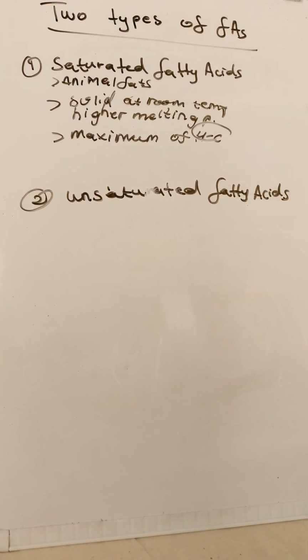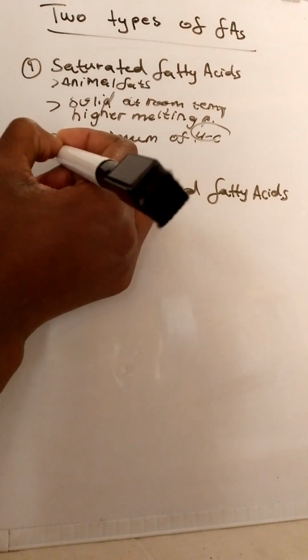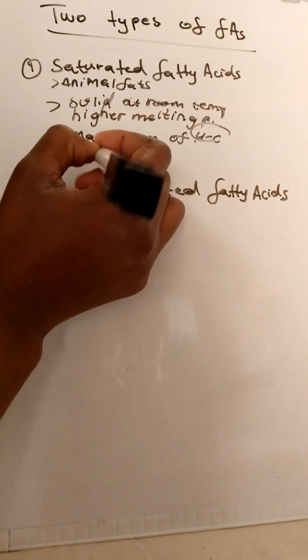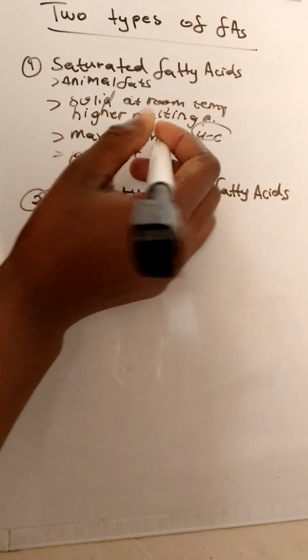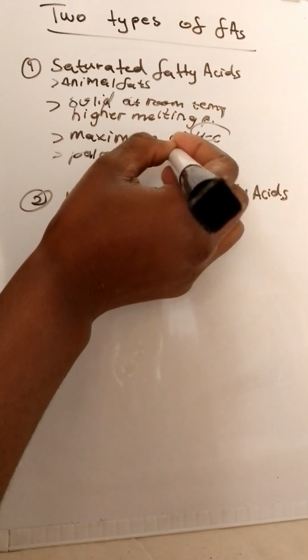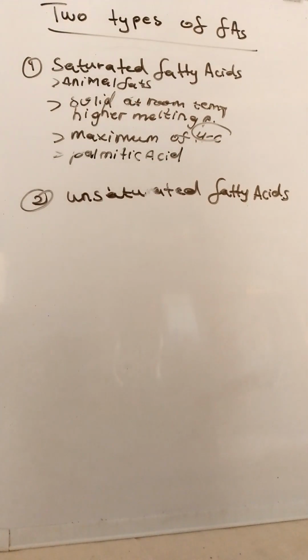We also have common examples of saturated fatty acids. We have what is known as palmitic acid. Palmitic acid is a 16 carbon molecule, also known as hexadecanoic acid.